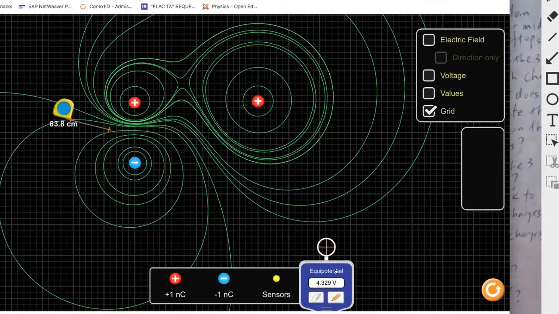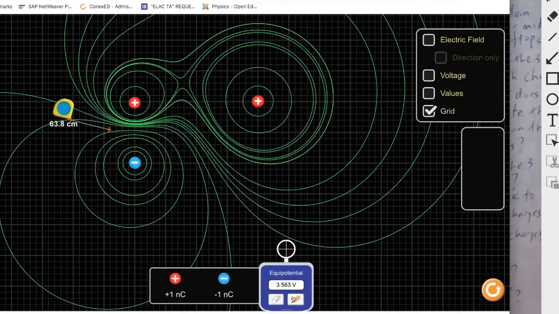Let's see, how about somewhere here? Oh, you see, they're all bound to go through that area. So even if I go here, you see, they keep going through there. It's like a squeezed elevation height right there. Isn't that cool?